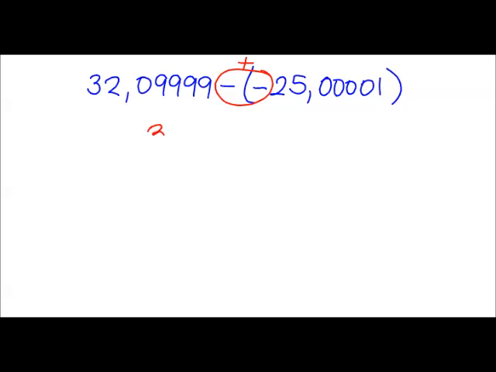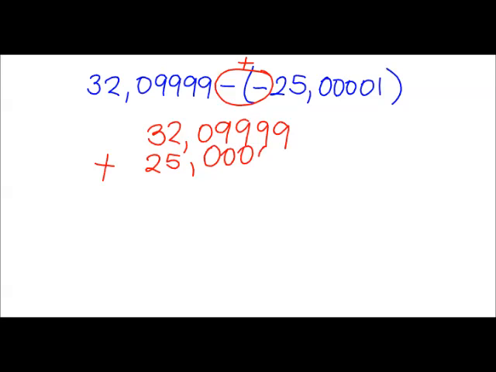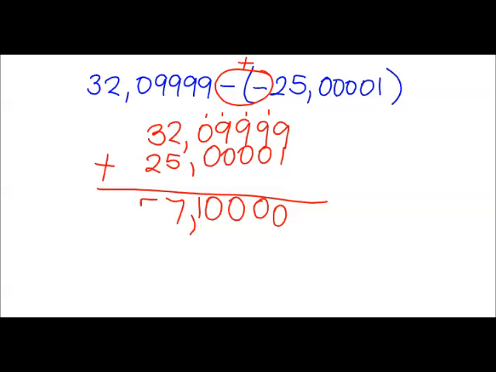So all I'm going to do is 32,0 and 4 nines, and I'm going to plus 25,4 zeros and a 1. 9 and 1 is 10. Carry 1. 9 and 1 is 10. The answer is 57,1.